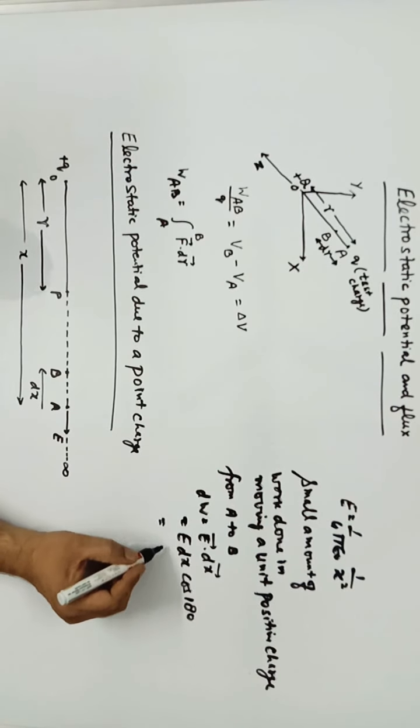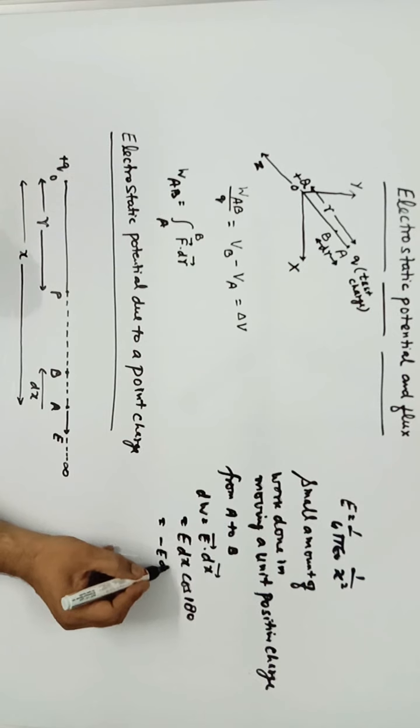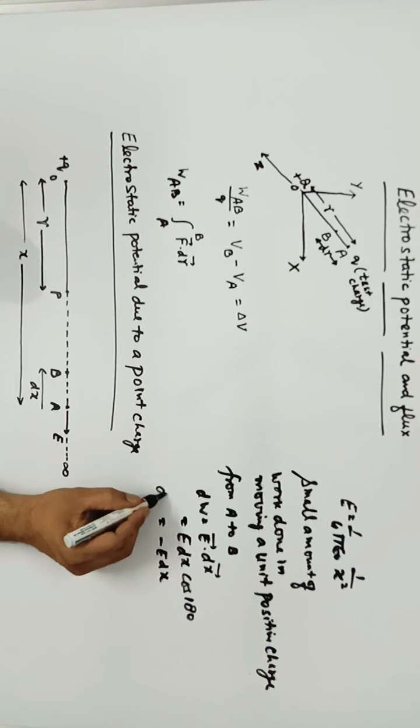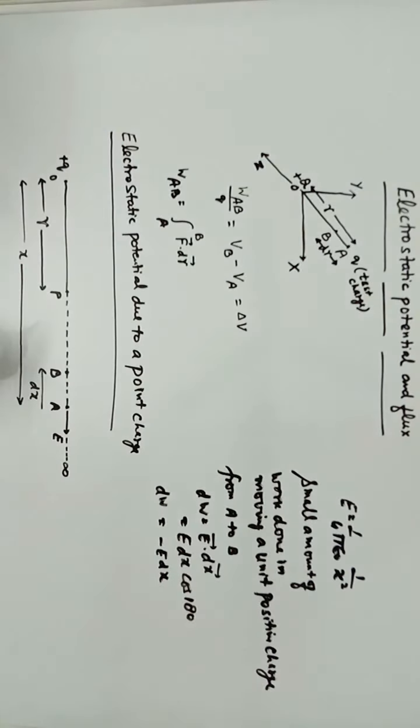Cos 180 is minus 1, so we write minus E dx. This is the value of a small amount of work done.